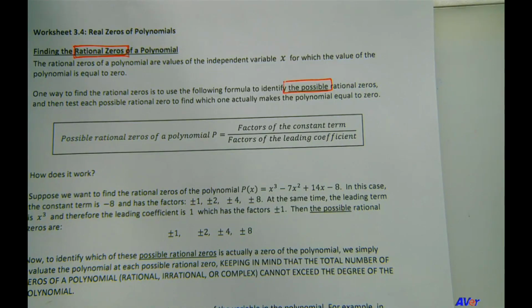Okay? So the first step is find all possible rational zeros of a polynomial, and from that pool of possible rational zeros, we will have to test each one to see which one will actually work, which one is actually the zero of a polynomial. That is, which one, when replaced for x, will make the polynomial equal to 0. Okay.